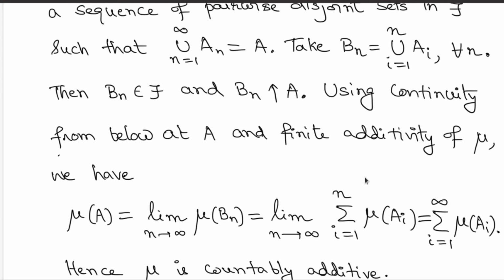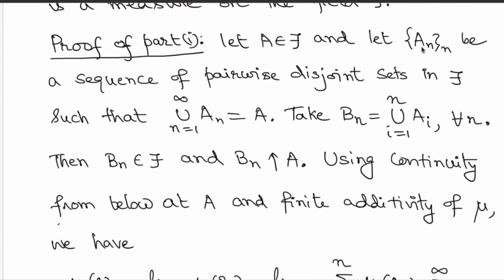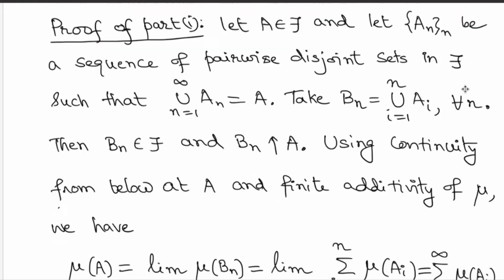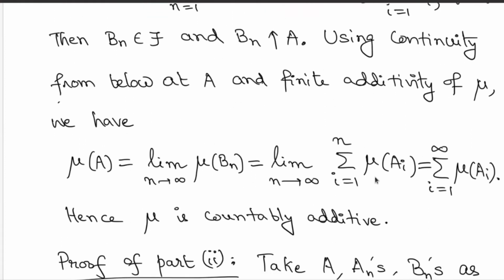That's nothing but, since these Bn's are pairwise disjoint unions of the sets Ai, the limit of this finite summation. So this is using finite additivity. But then once you take this limit of the sum of these non-negative terms, you end up with this summation as expected. Okay, so therefore you get countable additivity with any arbitrary pairwise disjoint sets. Okay, so this is what helps us in proving this countable additivity.